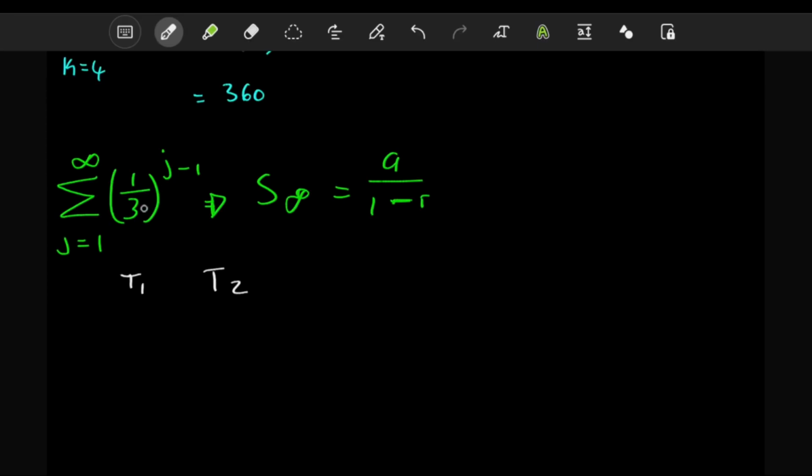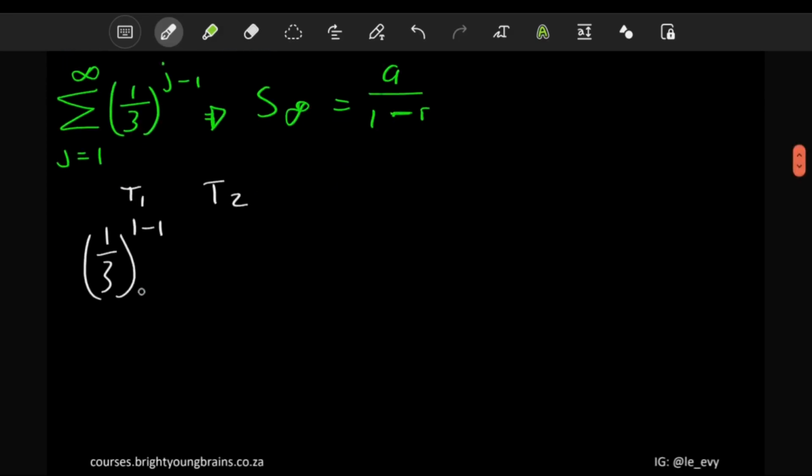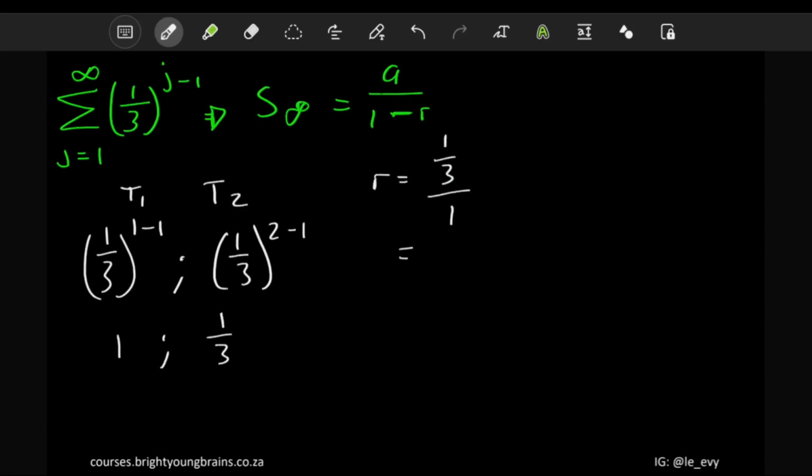You're going to have 1/3 to the power 1 minus 1, which gives you the first term, 1. For t2, j is going to be 2, and you're going to have 1/3. So your value of r is just going to be 1/3 divided by 1, which is just 1/3. Your value of a is just 1.